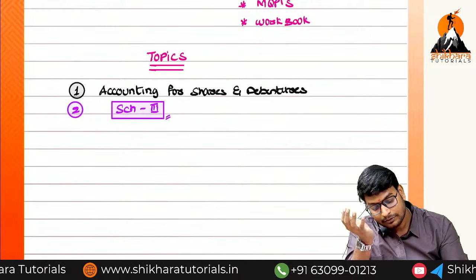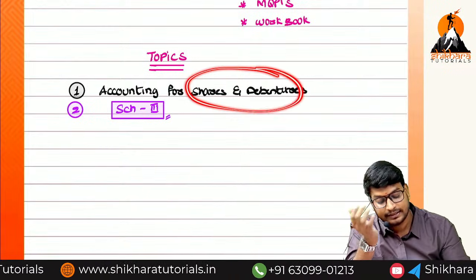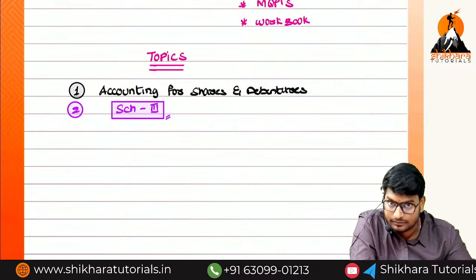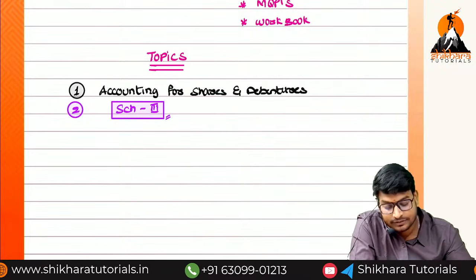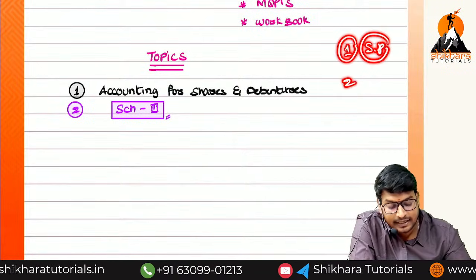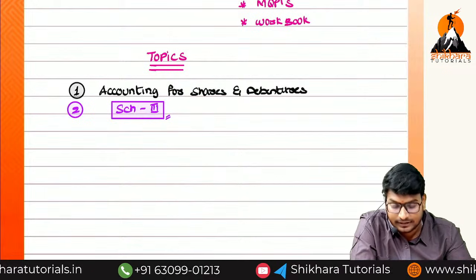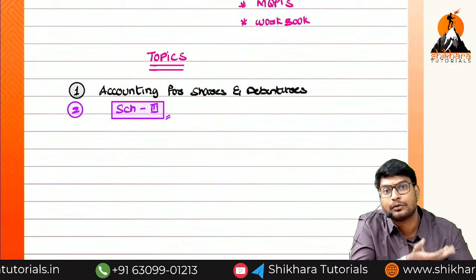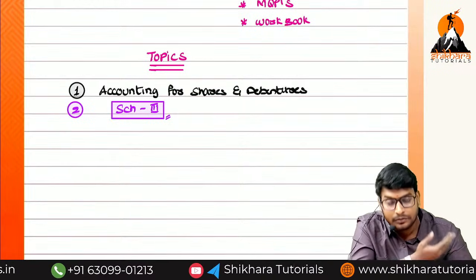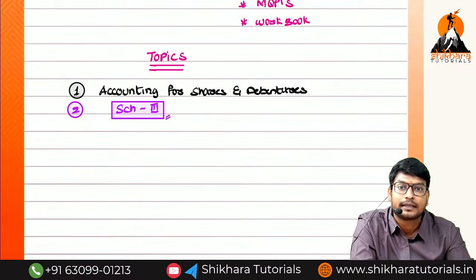When coming to accounting for issue of shares and debentures, as of now we are having 3 different entities to run the business. First one is called what? Sole proprietorship, second one is partnership, and third one is company. We know how to do the accounting for the sole proprietor and the partnership, and we don't know how to do the accounting for the company.